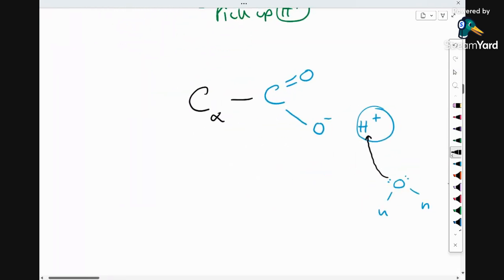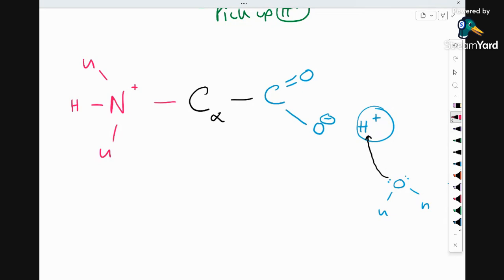On the other side, we have our amino group. And the lone pairs here are going to pick up a proton, from water perhaps, or if it's free floating for a bit, then it can pick it up there. So I'm going to add a proton on here, and that means that the nitrogen is positively charged. So we have two charges now.